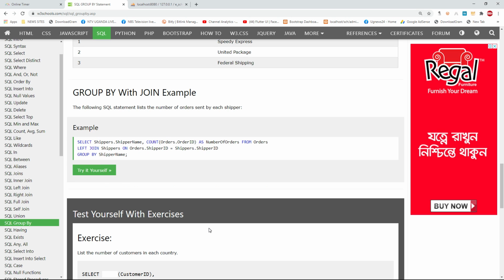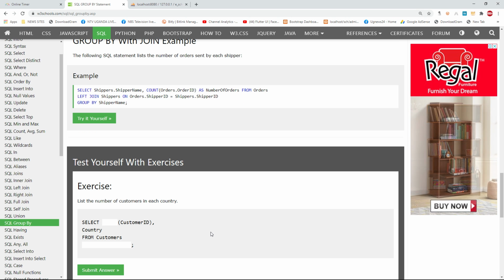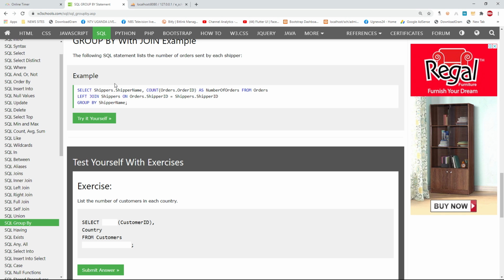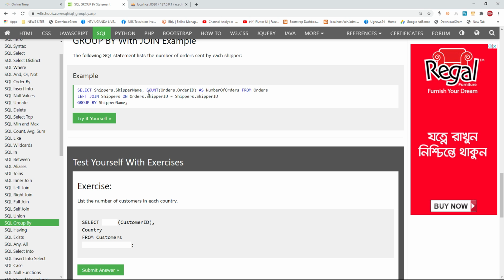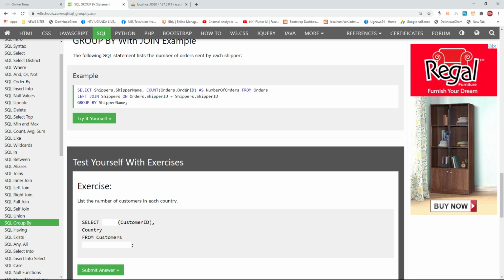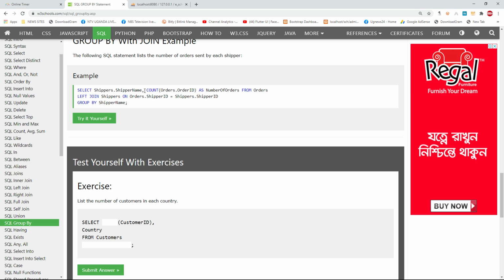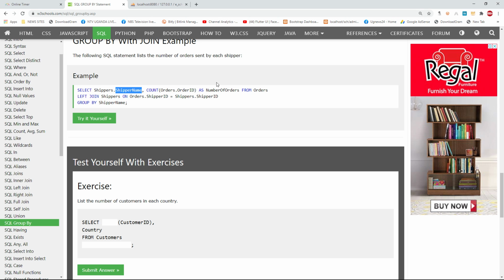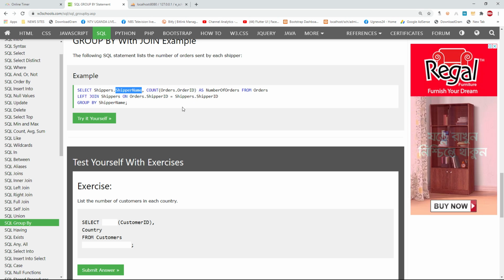We proceed. We'll use this group by most especially when we are counting. For example, you can see we are selecting from a specific table, and then we count. Select, then the column name, and then you count the number of IDs.